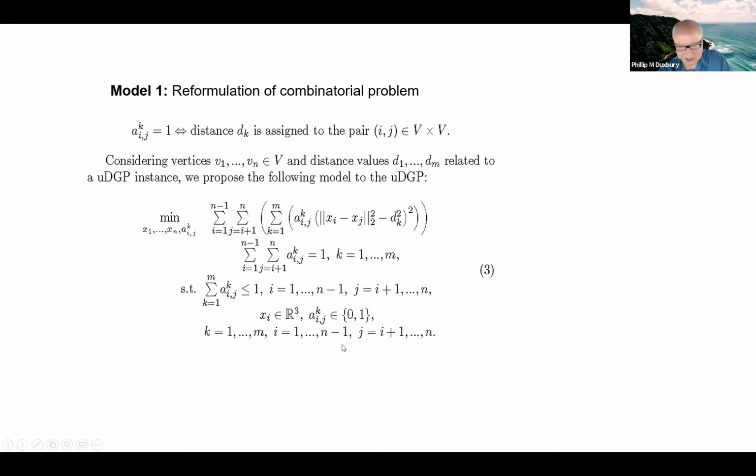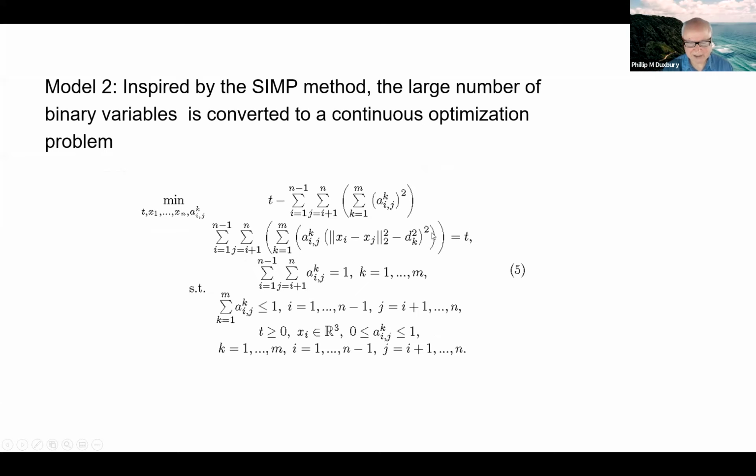And there are other constraints here that are required to make sure that the solution to this optimization problem reproduces the target that we want. So this is the way in which the assignment is done, by using these variables and optimizing the whole function. So the next step is to say, okay, let's convert this to a continuous optimization problem.